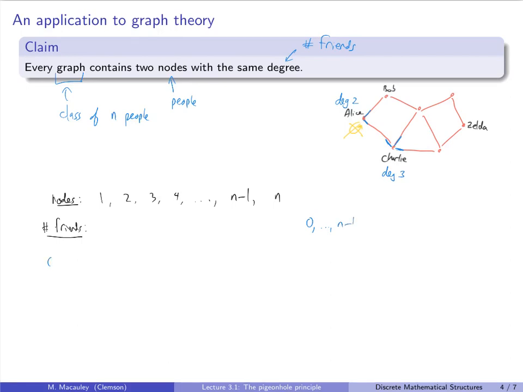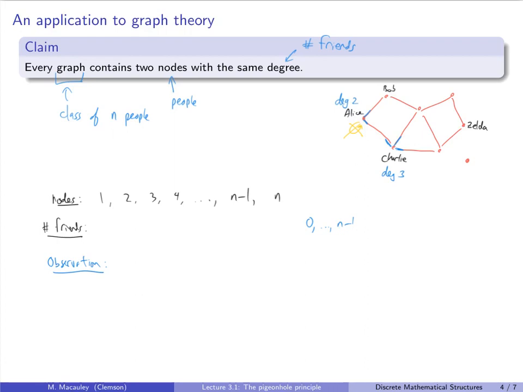So the first observation is if one of these nodes has degree 0, then what does that mean? That means it is out here and it has no friends. So if this has degree 0, then none of these nodes can have degree n minus 1.